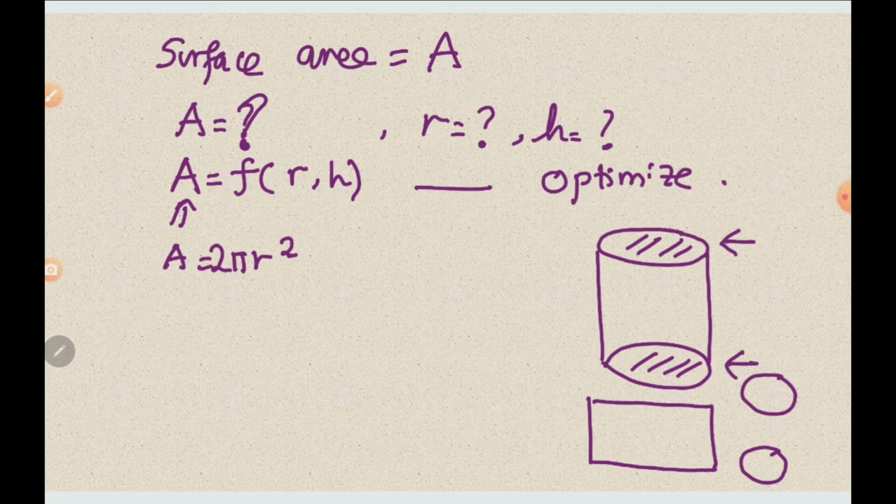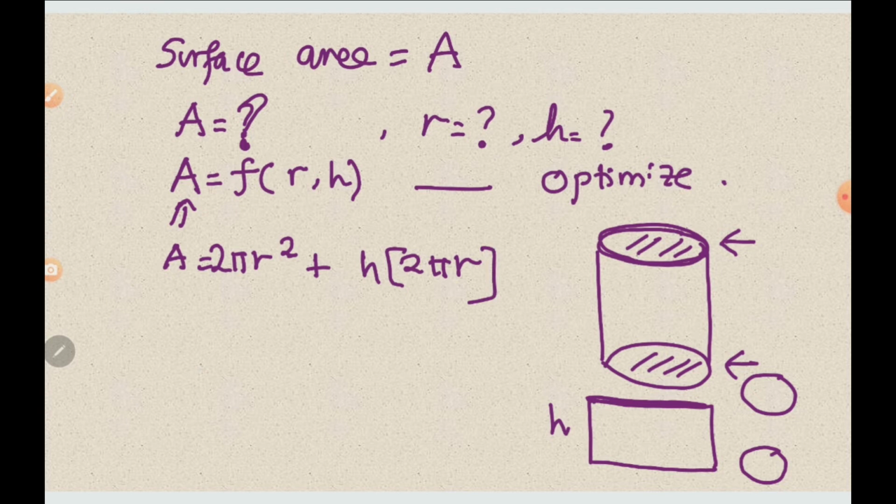So the area of the rectangle: the height is h, and the length of the rectangle is actually equal to the circumference of the circle, that is 2 pi r.